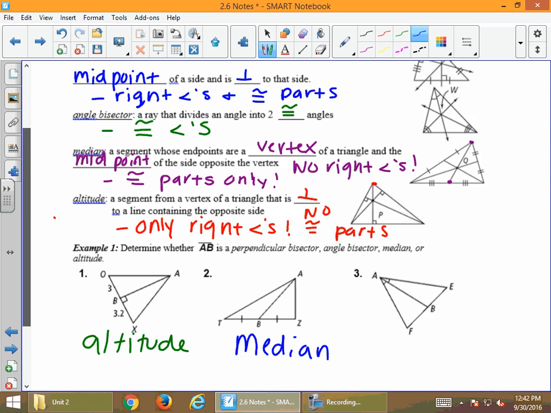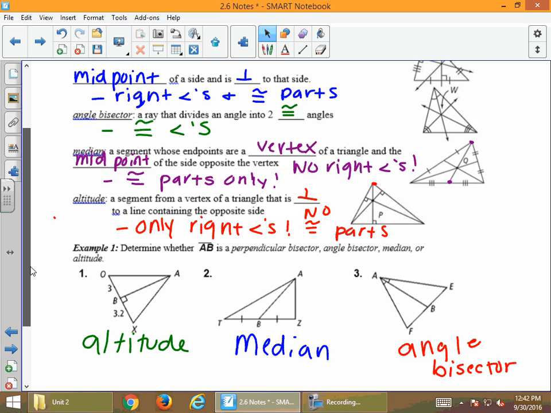And if we look at 3, do we have congruent angles? Is there an angle with arcs in it? Yep. So then what would this have to be? Questions over that one? And just look at what you have, and that will help you identify what type of lines they are.